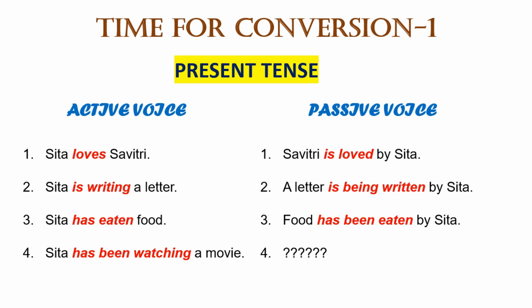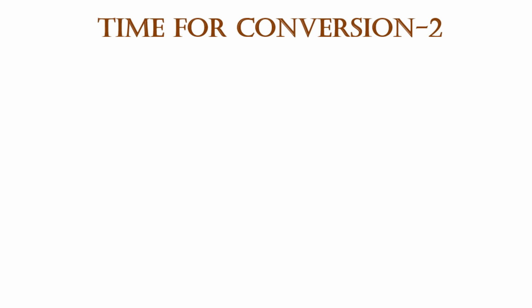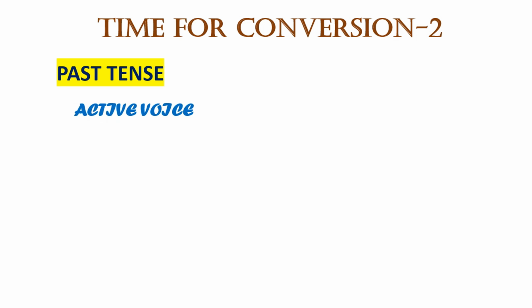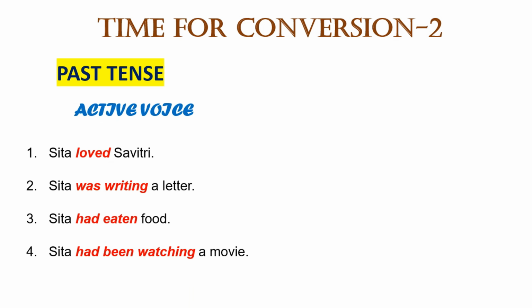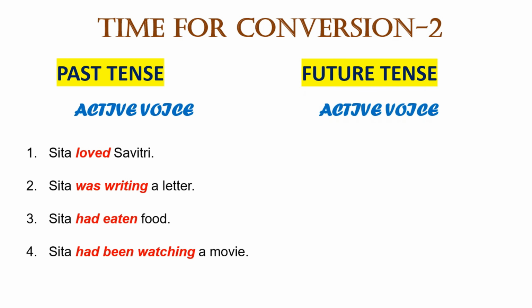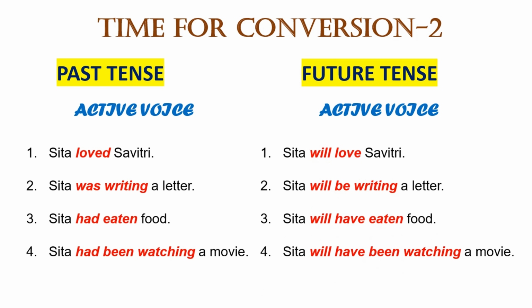If it can be, just try and see. Now let's see the sentences in past tense in the active voice, and then the sentences in future tense in the active voice. So you all can try converting these sentences in different tenses into the passive voice and do mention your answers in the comment section.